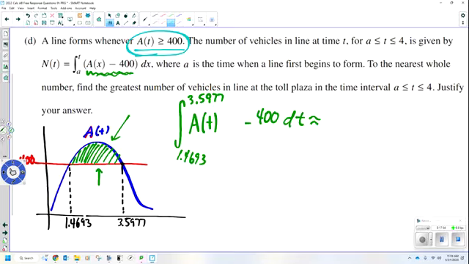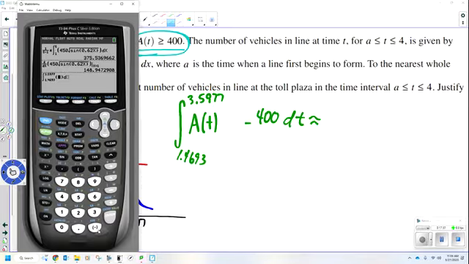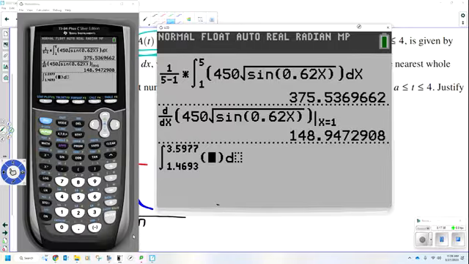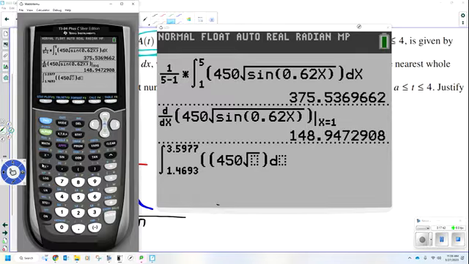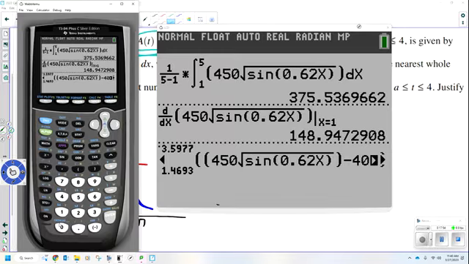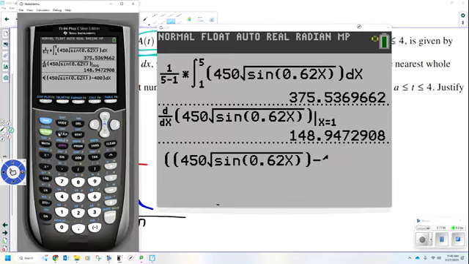Okay. So let's go here. And let me put the parentheses, 450 square root of sine 0.62x, close out the parenthesis for the sine, close out the parenthesis for A of t, minus 400, 100 dt. Wow.